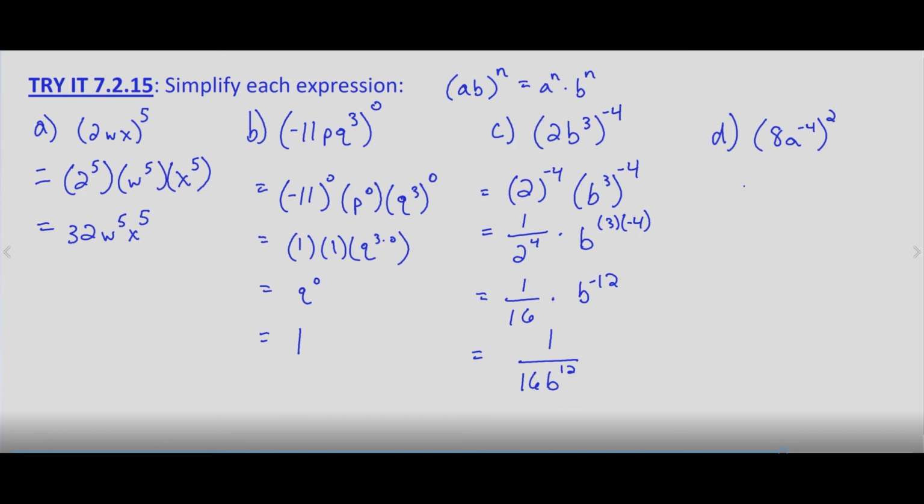So this is 8 squared times a to the negative 4th squared, which equals 64 times a to the negative 4 times 2, since we're taking a power to a power, which equals 64 a to the negative 8th. Move the a to the negative 8th to the denominator and change the sign, and that gives us 64 over a to the 8th.